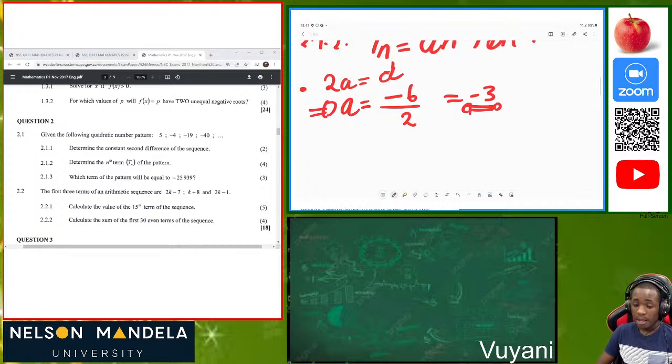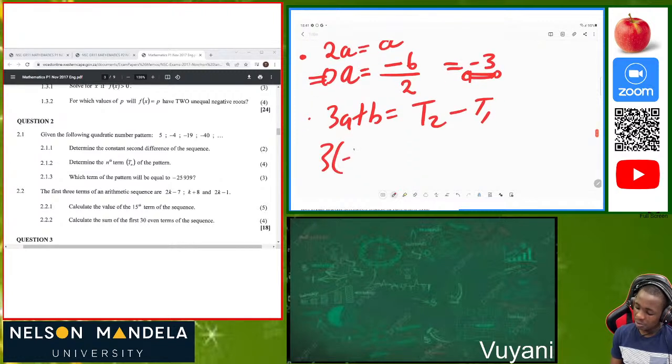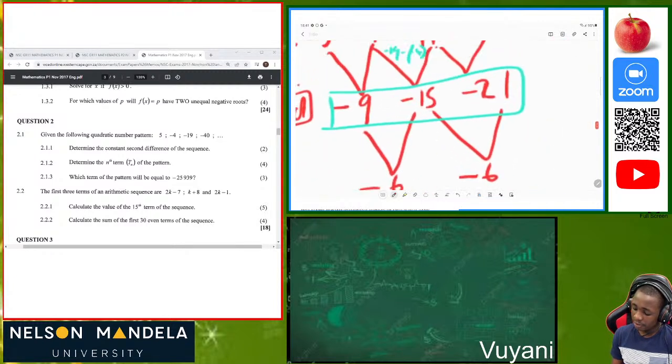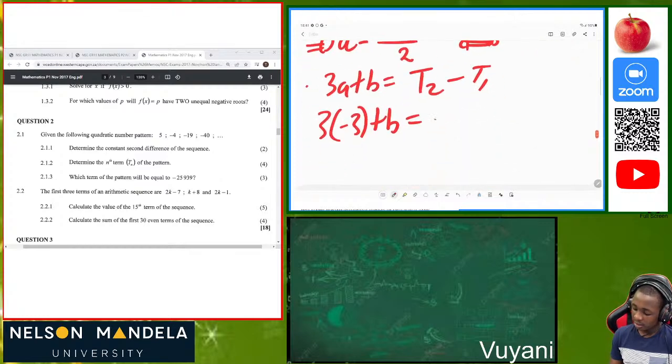All right. Now we want our b. We say that in order for us to calculate b, 3a plus b is equal to t2 minus t1. What is our a? We are now substituting what we have already calculated. And what is our t2 minus t1? T2 minus t1, we got negative 9.